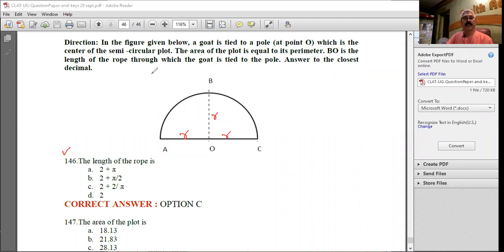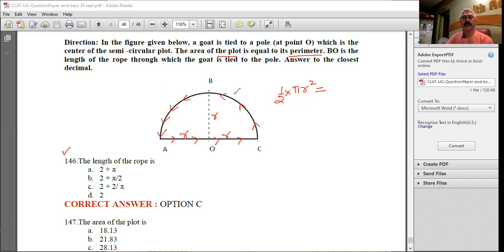Correct. Now it is given the area of the plot is equal to its perimeter. It is about magnitude. So area of the plot is going to be half of pi r square, and it is equal to its perimeter. So perimeter is what? Perimeter is A to O to C and then this way. This you will take as the perimeter of this plot. Correct?